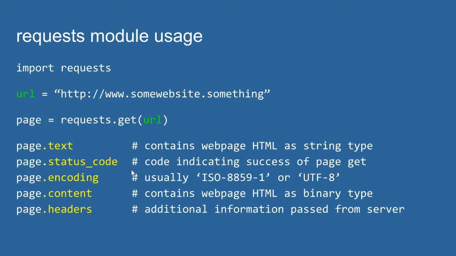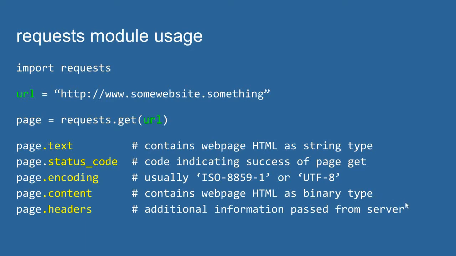The status code property returns an integer value that describes the state of our request. Did it succeed? Did it fail? Is it forbidden? Etc. And we'll look at some status codes on the next slide. The encoding will give us information on how the file is encoded. The content will return the contents of this request as a binary type.